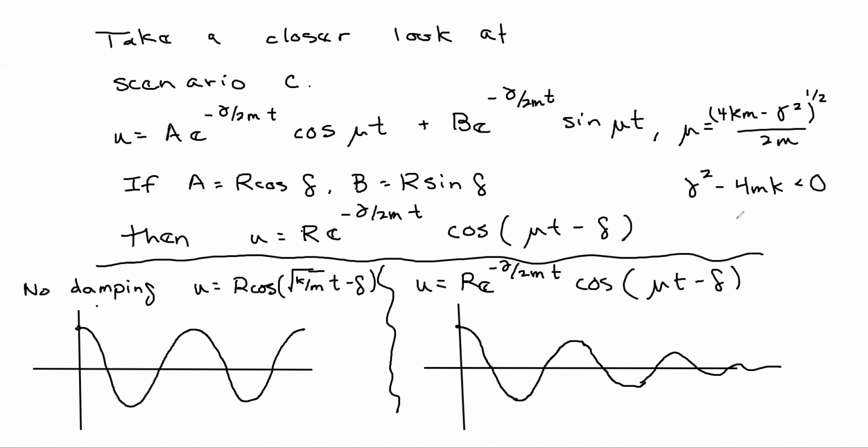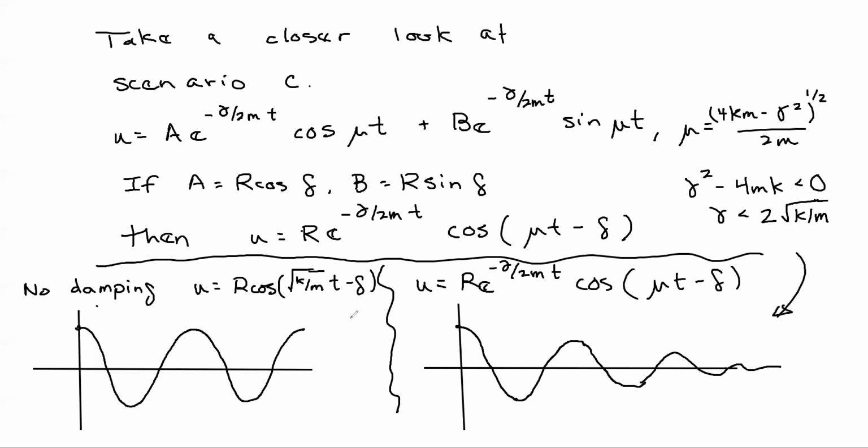If you go through and manipulate this, this is gamma is less than 2 root k over m.